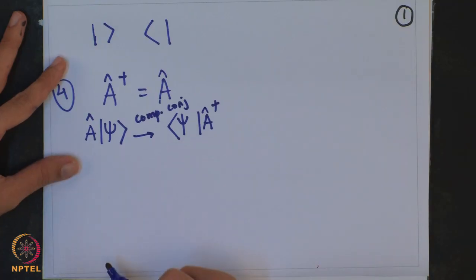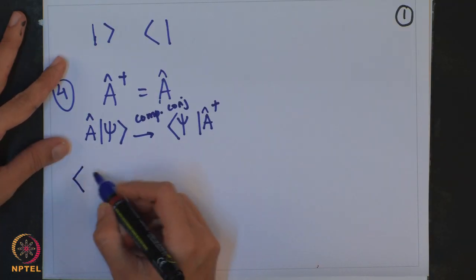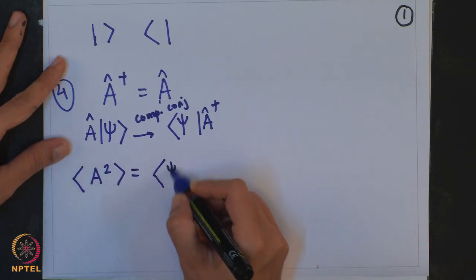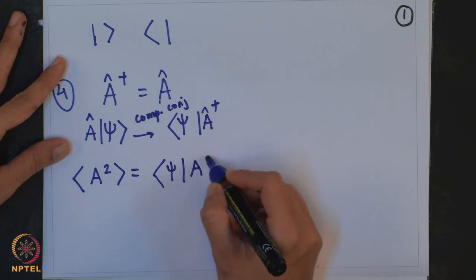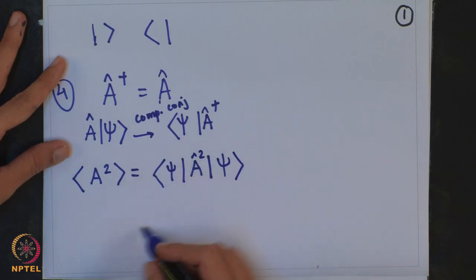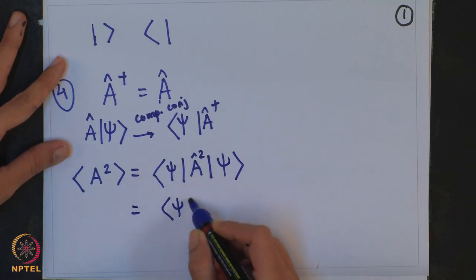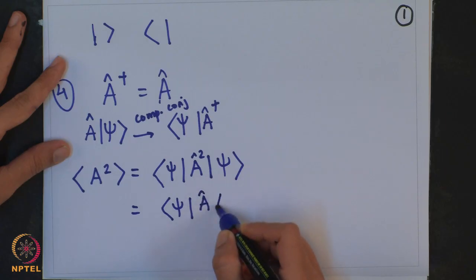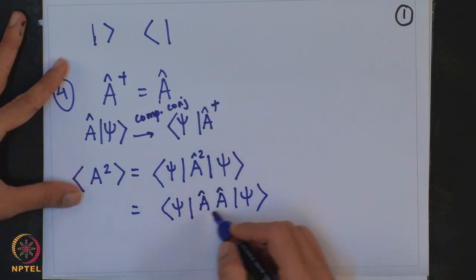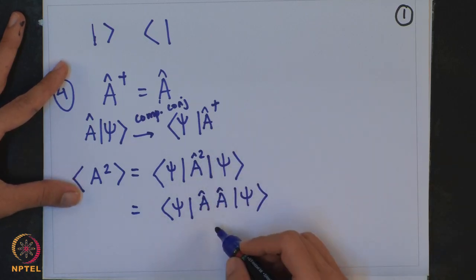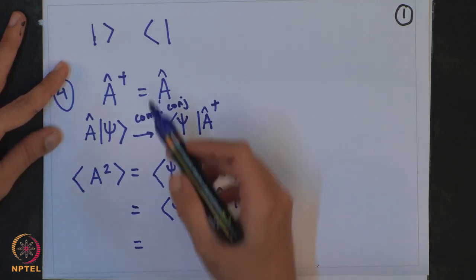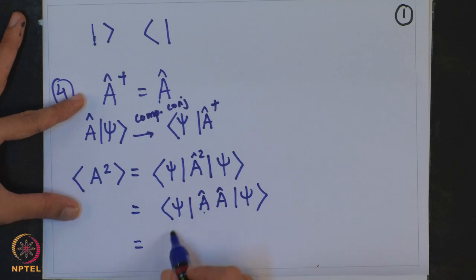So, let me write the expectation value of A square as psi A square psi, correct. Now, you have to use this and the hint I gave you before. A square I can write as AA. Now, we know that A dagger is A.